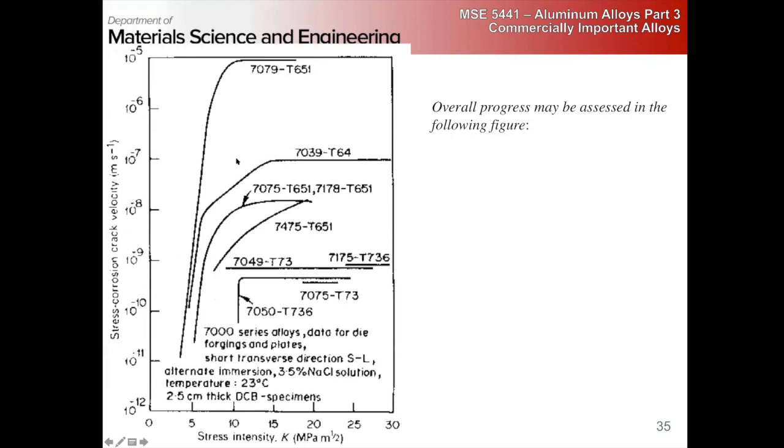So something like that I could ask comparatively, but I wouldn't ask you ever about the crack velocity of an older alloy like 779 versus a modern alloy like 775.